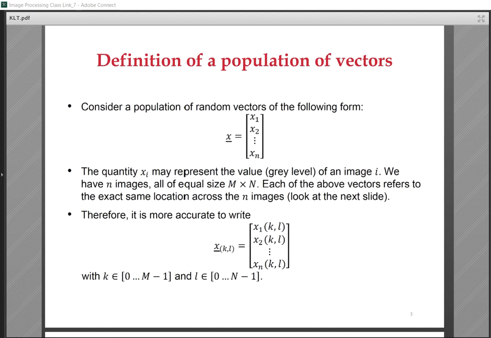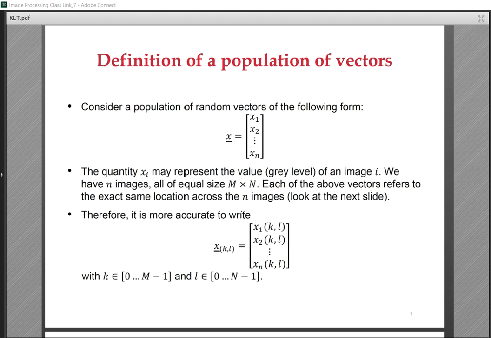The quantities x1, x2, x3, etc. The quantity xi may represent the value of an image i, for example the gray level of image i.